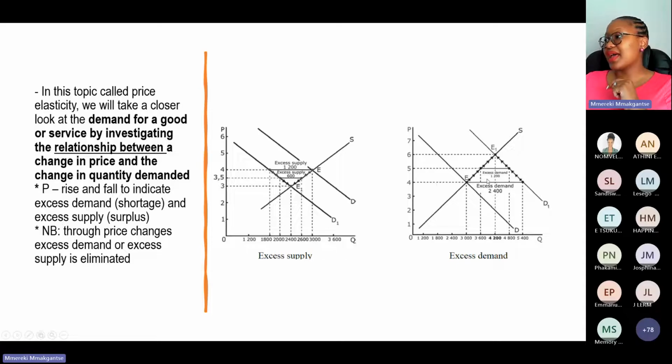You know how to calculate excess supply, and excess demand as well. So in this, we're trying to see that if price rises and falls, it indicates excess demand, which is a shortage, and excess supply, which is a surplus.